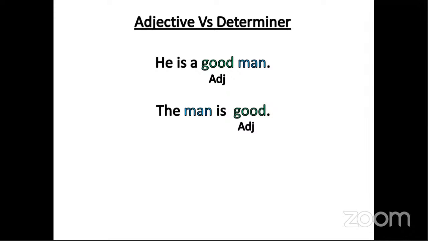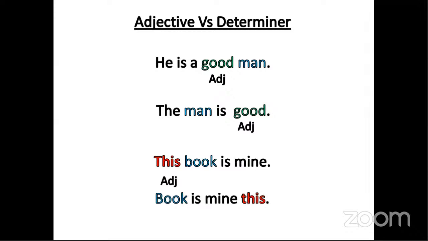But let us take the example of this sentence. This book is mine. Book is the noun. We have always seen that the word which comes before the noun is usually describing the noun, and that is an adjective. Yes, here also, although it is not qualifying, it is also a type of adjective, and we have seen that it is a demonstrative adjective. Now, if I try to rearrange the sentence, like in the previous example, he is a good man, the man is good, can I write the sentence as, book is mine this?